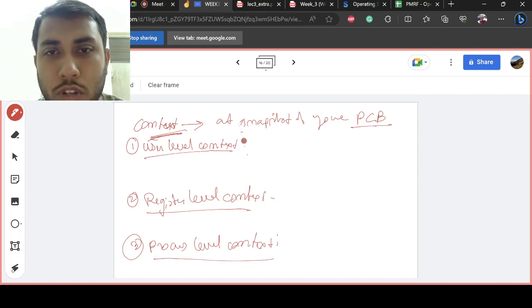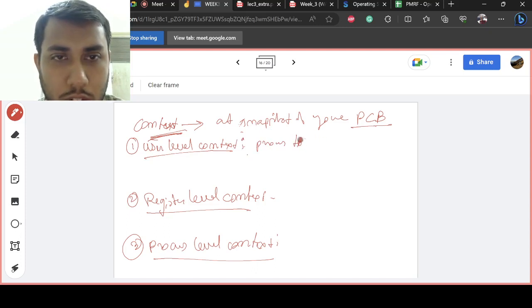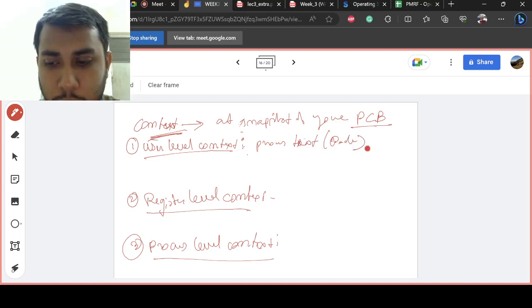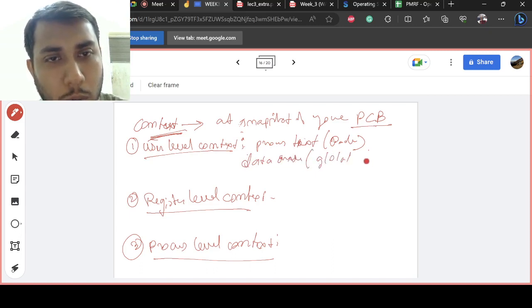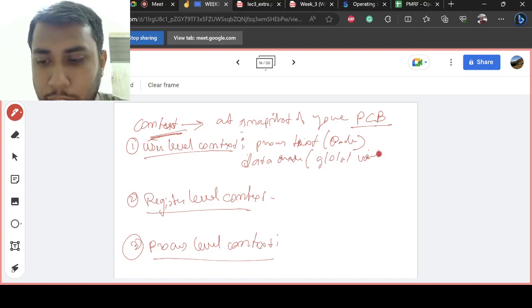So what is your user level context? Let's say your process text, or you can say the code portion, that is user level. Then the data area, in the sense your global variables.